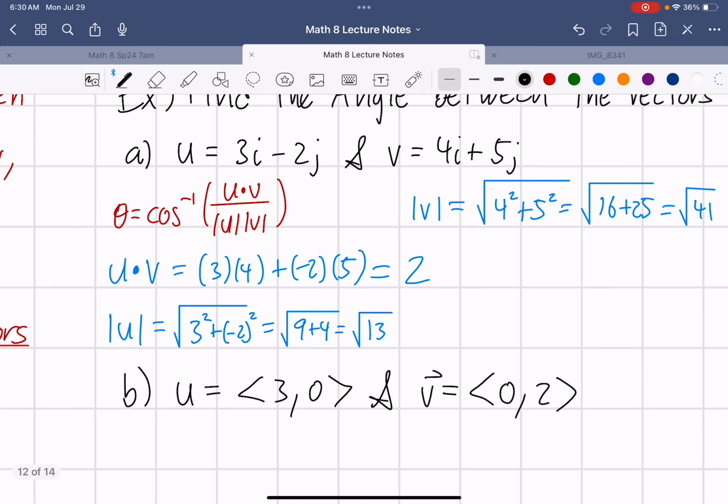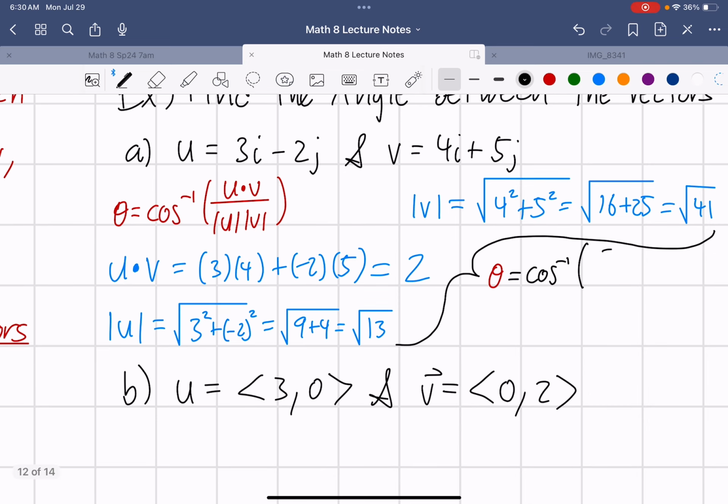So now let's take all this and plug it in. So we're going to have theta equal to cosine inverse of, well, the dot product is 2, then we'll do the square root of 13 times the square root of 41.